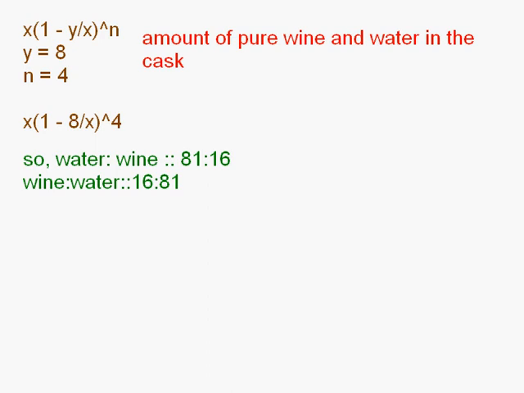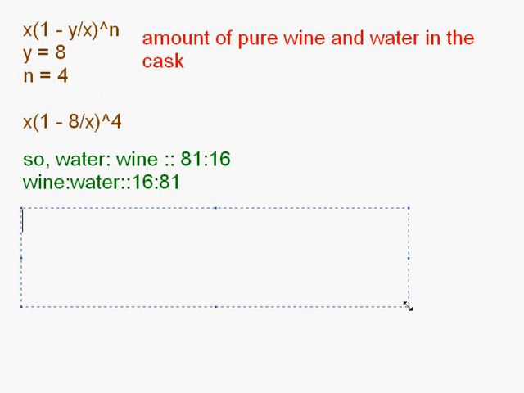Always read the question carefully. So we can equate the formula with the ratio that we just wrote. x times (1 minus 8 upon x) raised to power 4 is equal to 16/81, or we can write 16/81 as (2/3) raised to power 4.